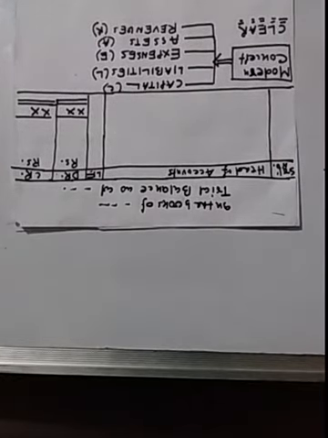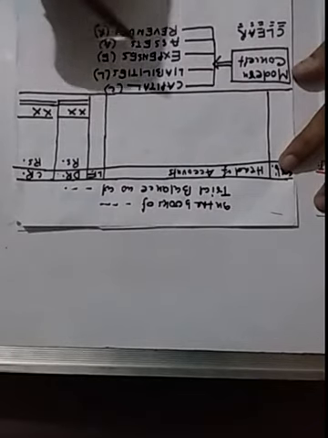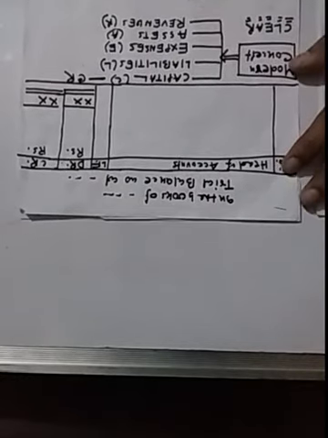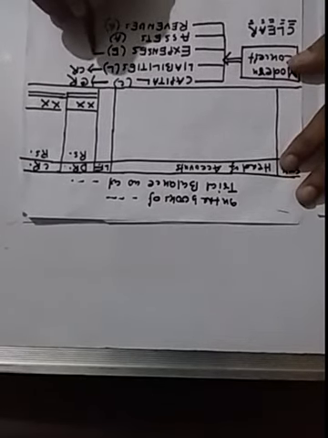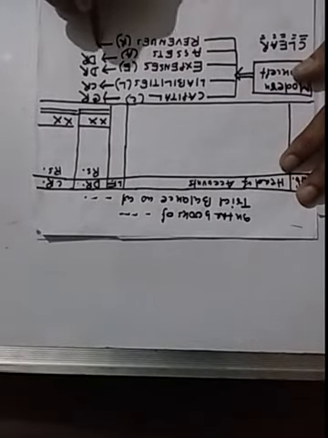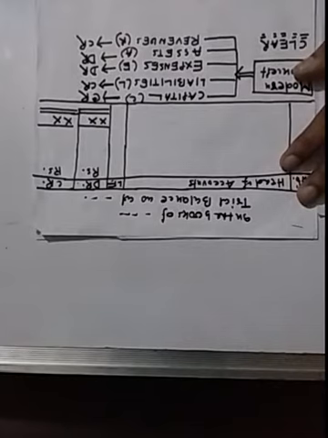Now what are the norms of debit and credit under the modern concept? Capital will be credit, liabilities will be credit, expenses will be debit, assets will be debit, revenue will be credit.